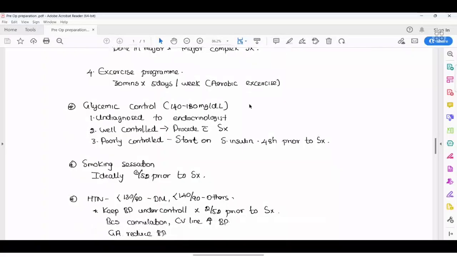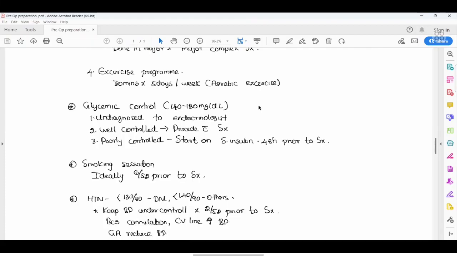Then I have explained about glycemic control. Sorry, I have missed hypertension. With the comorbidities, hypertension also should be controlled. For the diabetic patient we have a lower target, and for other patients we have a somewhat higher target. For the diabetic patient, 130/80 is the target.